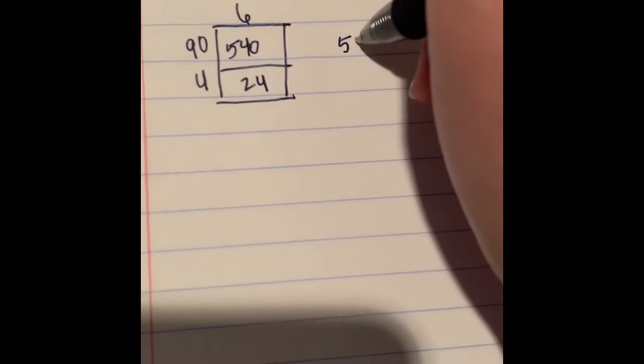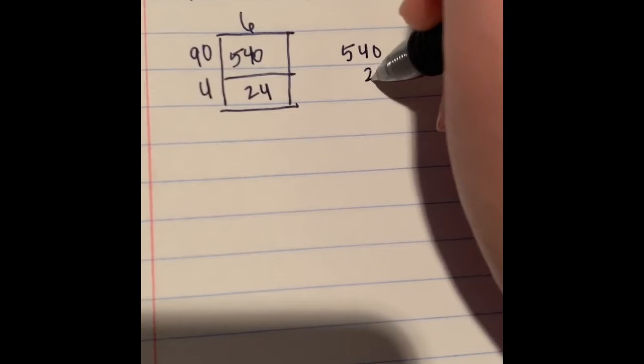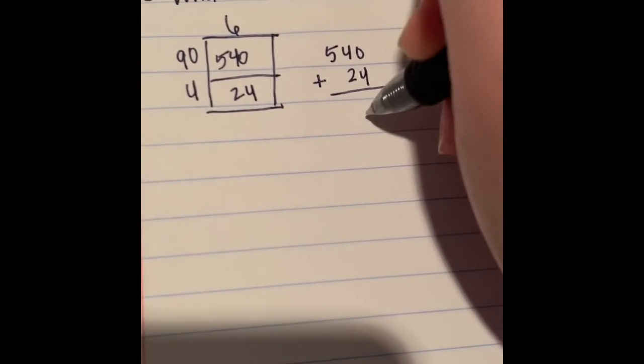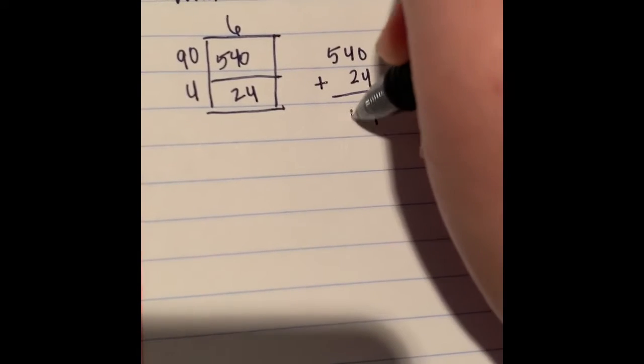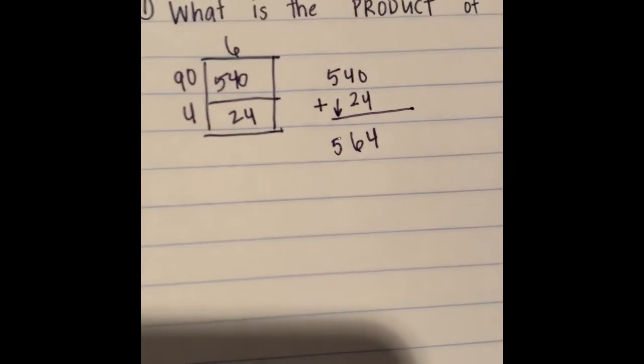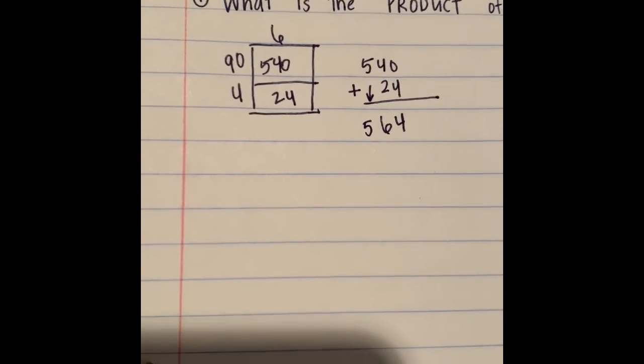We know 9 times 6 is 54, so 90 times 6 is 540. And then 4 times 6 is 24. If you add those two numbers together, 540 and 24, 0 plus 4 is 4, 4 plus 2 is 6, and then you bring the 5 straight down. Your answer would be 564.